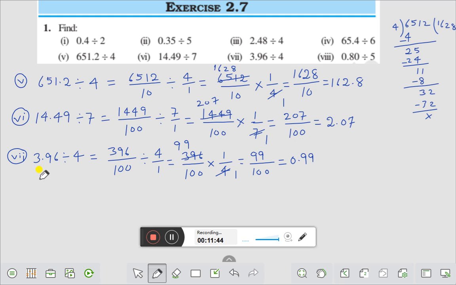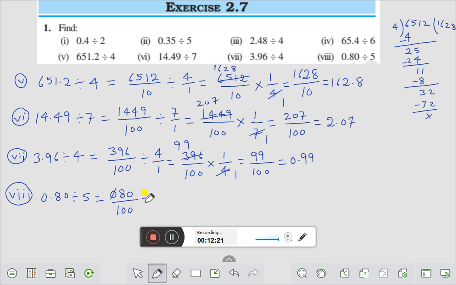Now question number 8 is 0.80 divided by 5. That will be equal to 0.80, we change it into a fraction, 80 by 100, divided by 5 by 1. This 0 can be cut, right?